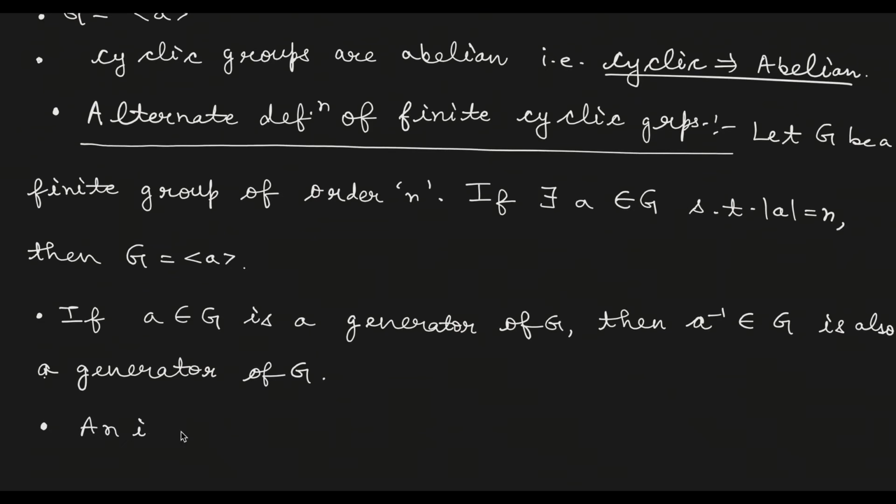An infinite cyclic group has two generators, A and A inverse.